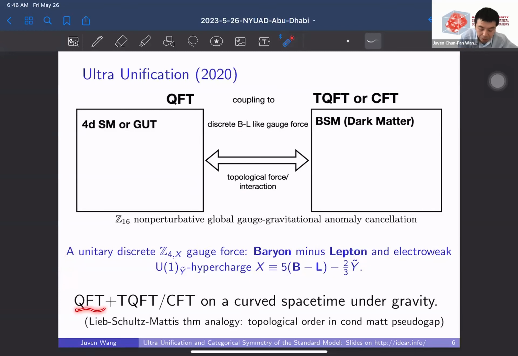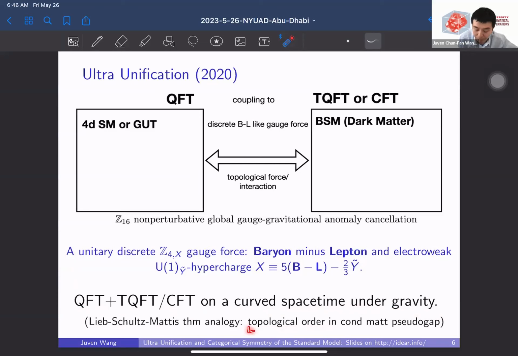And we should put this quantum field theory coupled to TQFT CFT generally on some curved space-time with gravity. But the gravity we discuss here is not full quantum gravity, so it's still some kind of semi-classical dynamical gravity. And there's such an analogy in condensed matter known as the Lieb-Schultz-Mattis theorem. In fact, in the condensed matter community, people like Subir Sachdev and possibly also participants like Subhro Bhattacharjee possibly study these type of things.